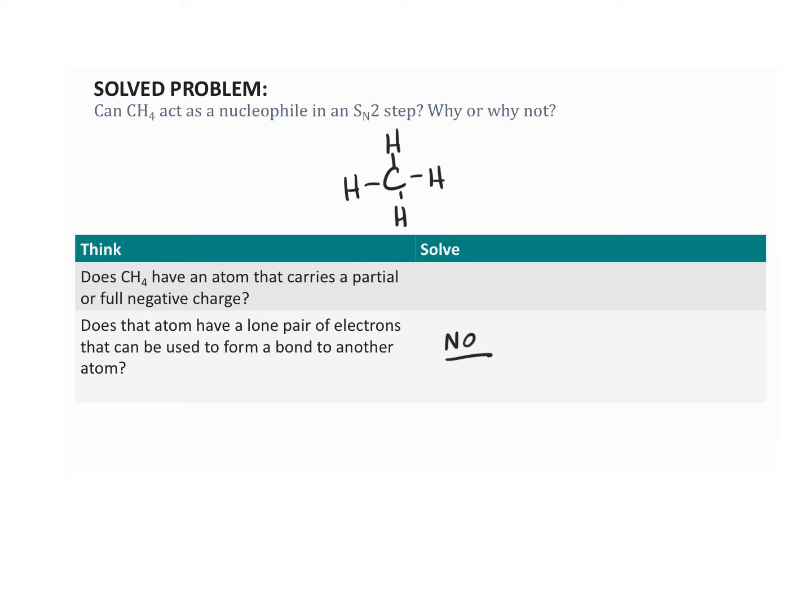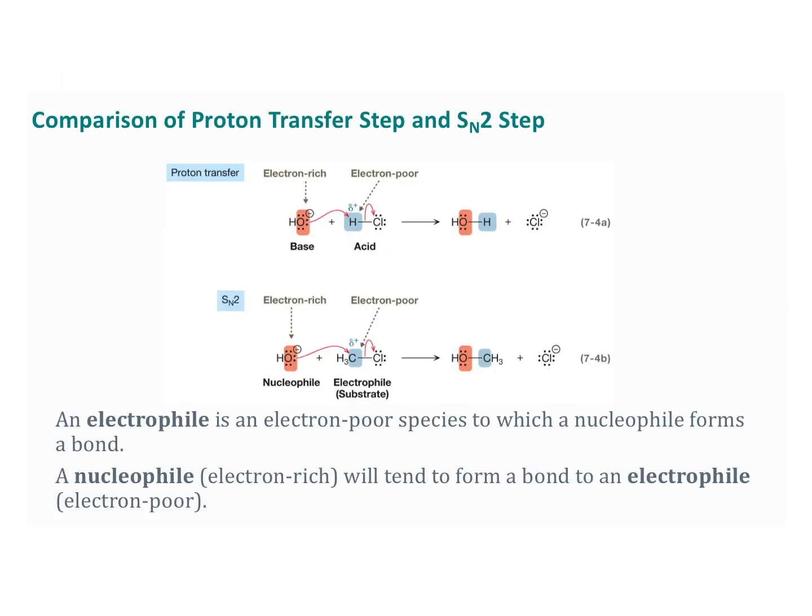So let's continue and look at SN2 steps a little bit more. I want us to compare an SN2 step to a proton transfer, which we've already learned about. So the electrons in an elementary step tend to flow from an electron-rich site to an electron-poor site. In the proton transfer reaction here, OH minus is acting as a base, but what we see is that these curved arrows, because this is electron-rich, is flowing to something, this proton, which is electron-poor.